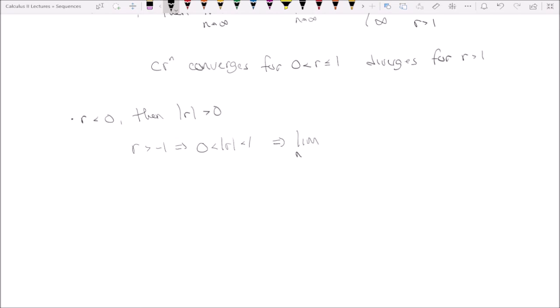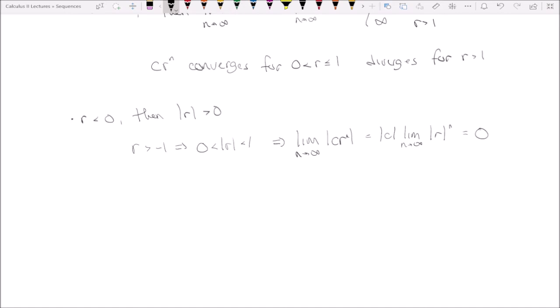So if we take a look at the limit of the absolute value of cr to the n, that's the absolute value of c times the limit as n goes to infinity of the absolute value of r to the n, which is 0.